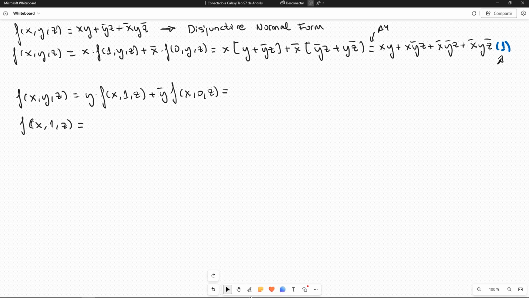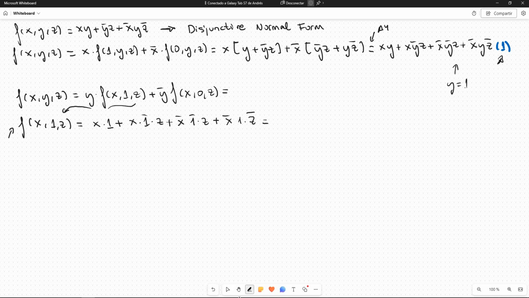Or we can do it directly, I think, just to be faster. Well, I finally have decided to do it step by step because it's clearer. So this subfunction here, replacing 1 in the place of the y, we have this, that is putting a 1 in the previous expression.